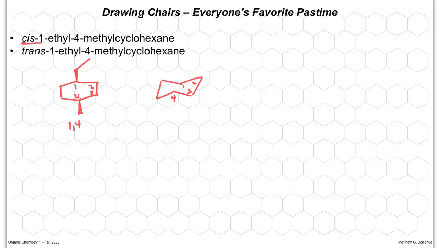And I'll use that numbering. So the carbon 1, that carbon is down. We want the ethyl group to be up, so it's going to be in an equatorial position.